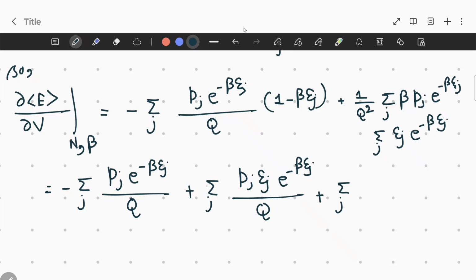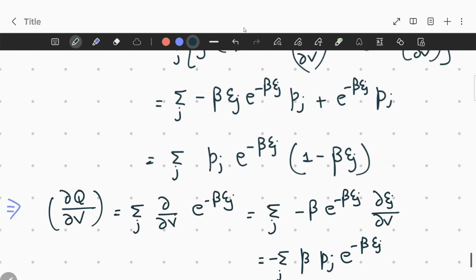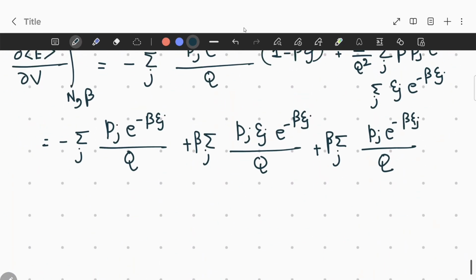Okay, beta is also there. Q, and what is the sign here? Oh, it is not a sign, it is just multiplied. So it is j. So you can write it, just Q square was there, so we just divided by Q.